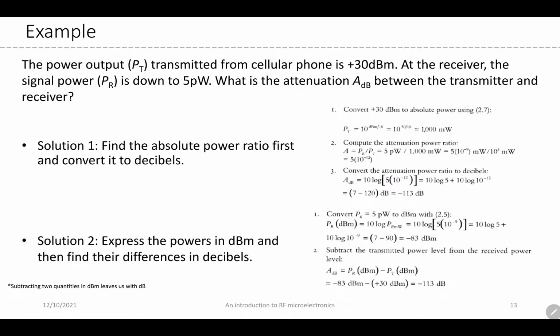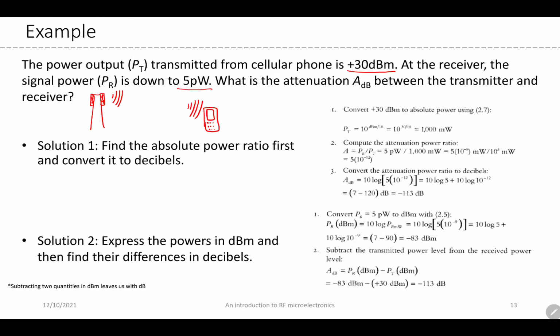Now, another example to make things easier to understand. Let's look at power conversions from watts to dBm. The power output transmitted from a cell phone is 30 dBm. At the receiver, the signal power received is 5 picowatts. What is the attenuation between the transmitter and the receiver? A very simple example. You have a mobile phone tower and a smartphone, or an older phone, a Nokia, and then the signal is transmitting power and the other side is receiving some power.